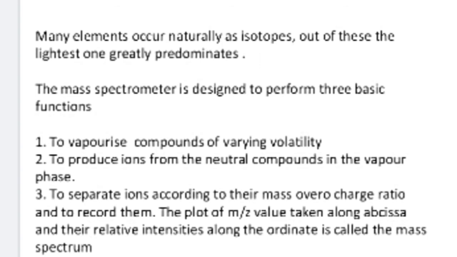The mass spectrometer is designed to perform three basic functions. One is to vaporize compounds of varying volatility. Next is to produce ions from the neutral compounds in the vapor phase.